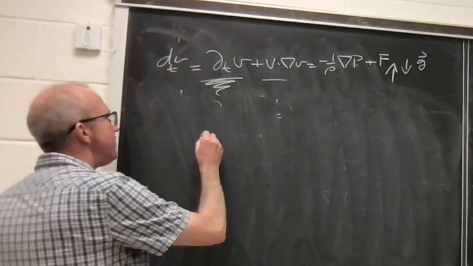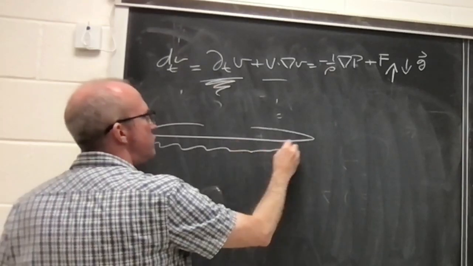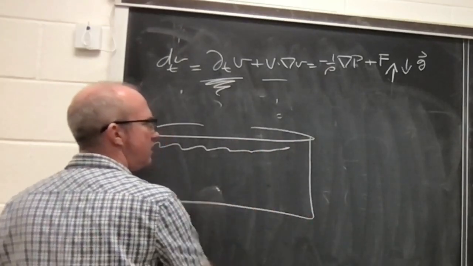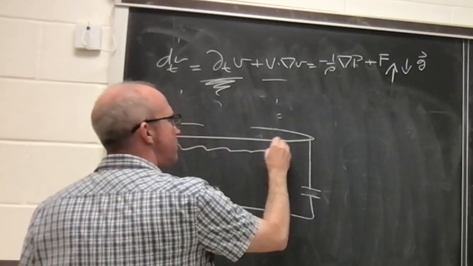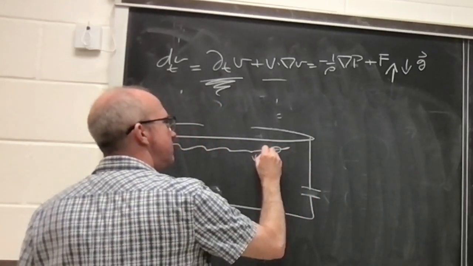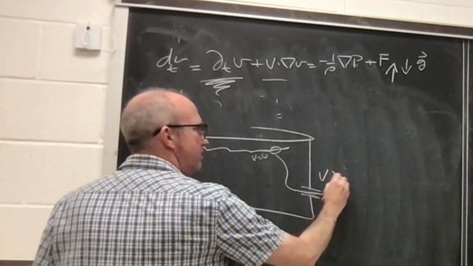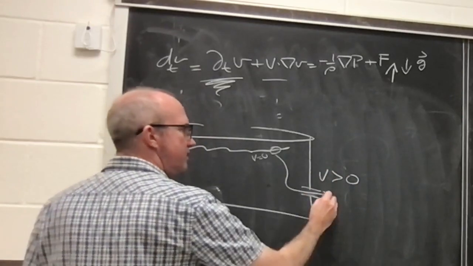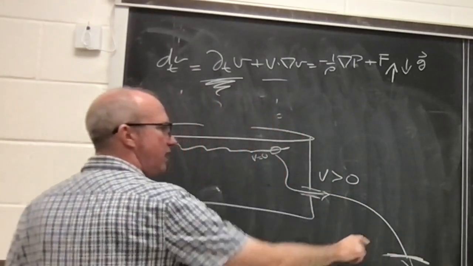It means, if I have an infinitely large reservoir with a hole on the side, water starts up at the top with 0 velocity. By the time it gets here, the velocity is not 0, and then it comes out and hits the ground, and the velocity is 0.